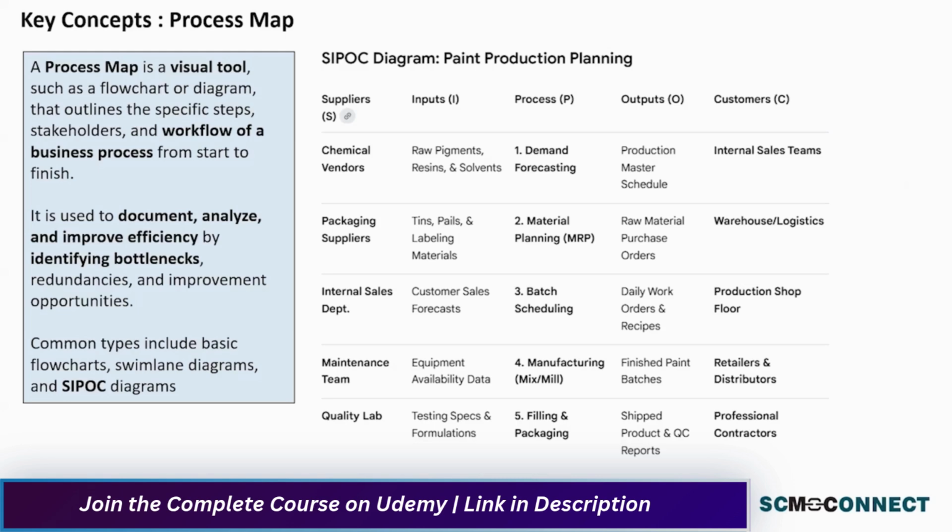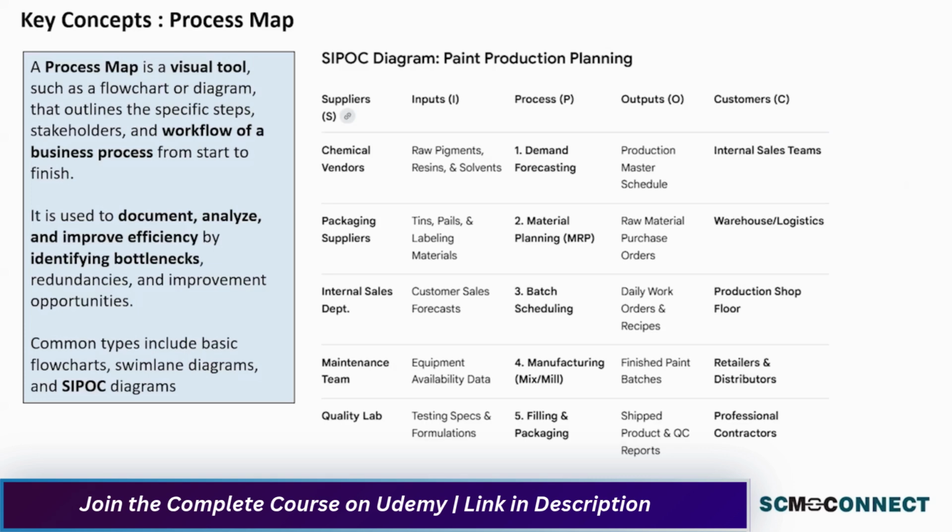A chemical vendor versus a packaging supplier, it will go through same process of demand forecasting, MRP, and things like that, right? And finally, you have an output which is shared with the customers, or making it more relevant, as information or an actionable or delivery of products to the customer. So this is an example of SIPOC diagram.